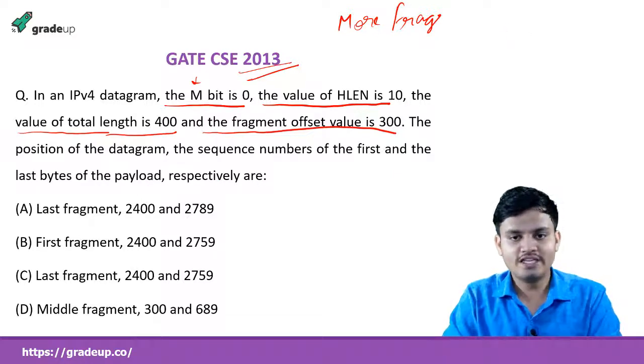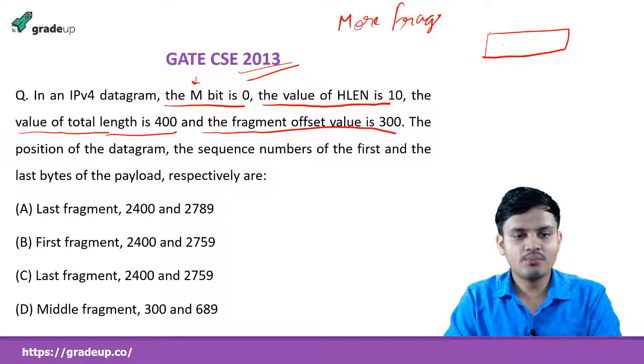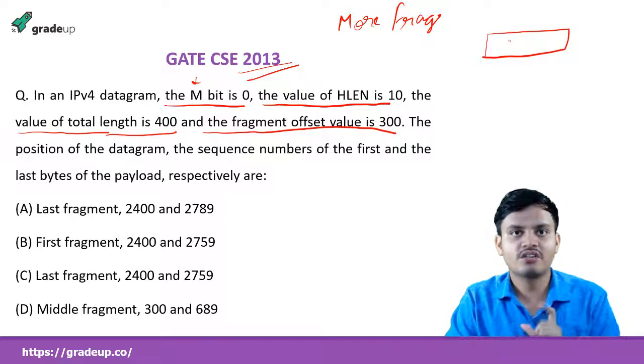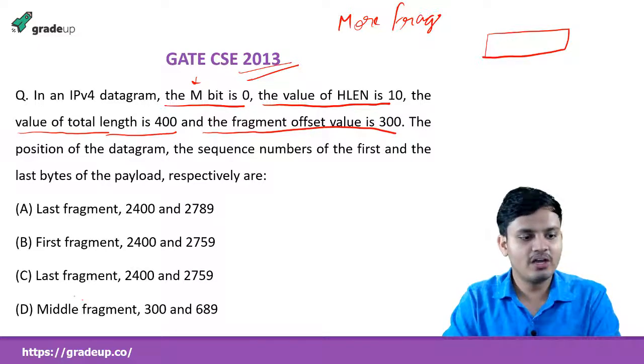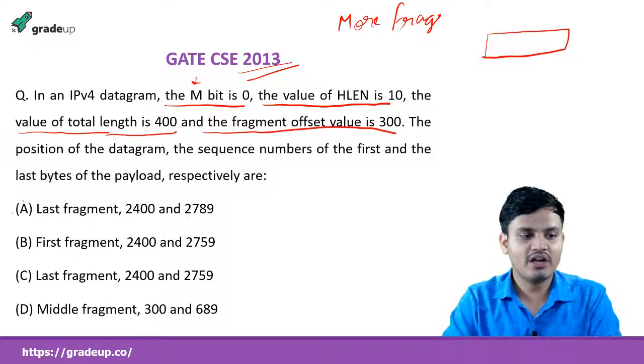It is asking whether the fragment is last, middle, or first. As the M bit is 0, we can understand it is the last fragment. Now I see option A and option C seem to be the right answer, but to decide which of these is, we need to see other things.